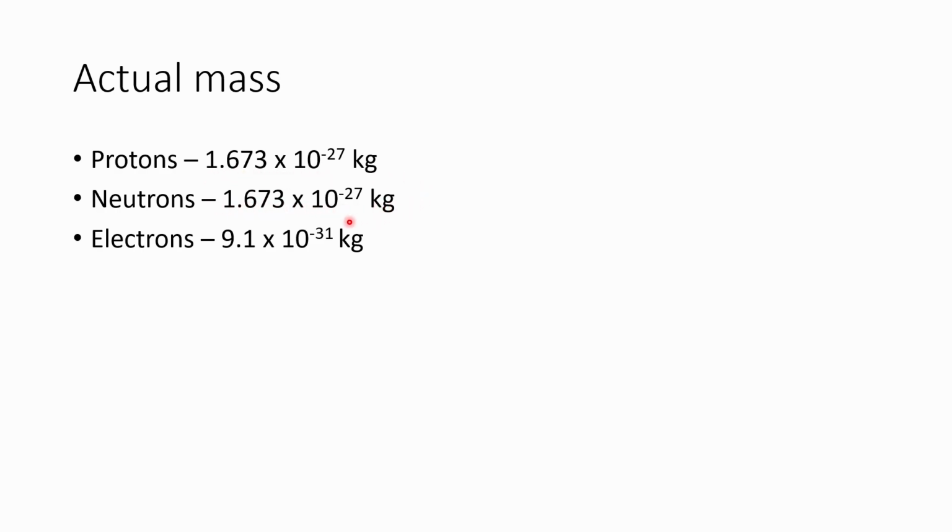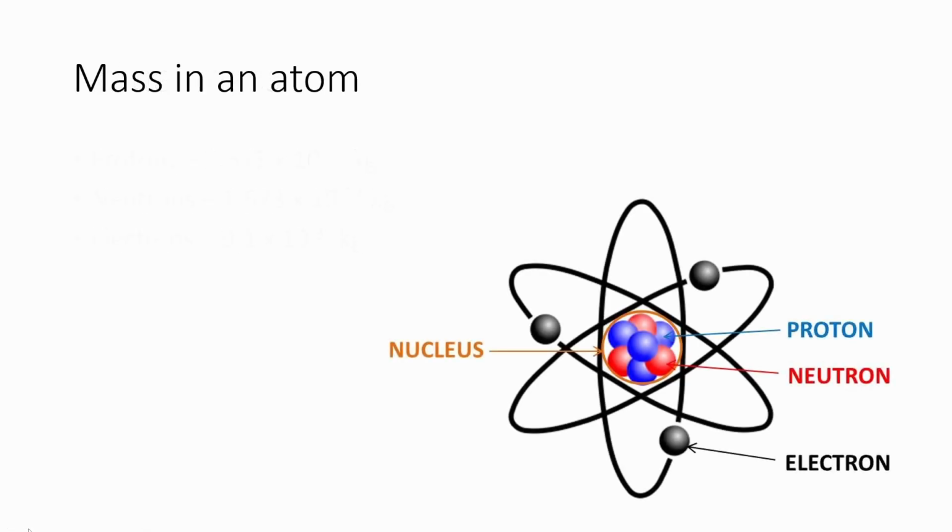If we assign a proton a mass of 1, because our neutron weighs the same, it's also going to be 1. As you can see, electrons are much, much smaller. This is why they are given the 1/2000 mass.